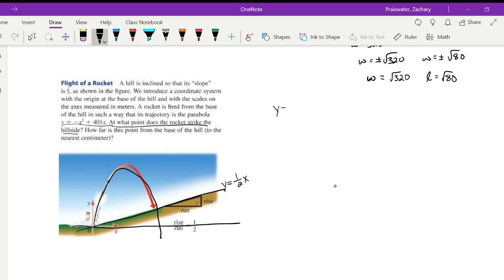So we have y is equal to 1/2 x, and y is equal to negative x squared plus 401x. And so you can set these equal to each other because they're both equal to y. You could also graph this and solve this graphically. We'll do this algebraically, even though I would probably do it graphically. This would be 1/2 x is equal to negative x squared plus 401x.